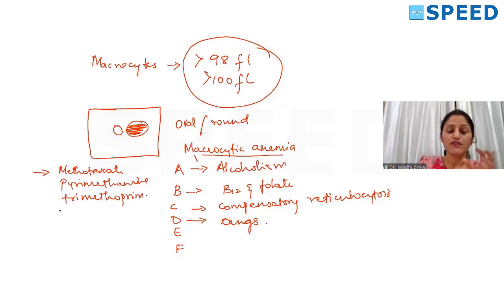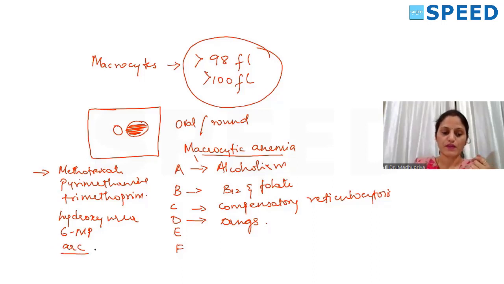Along with this, you have drugs which inhibit DNA synthesis, which includes hydroxyurea. Among the anti-cancer drugs, most of which will cause it, the most important I'm mentioning are the purine antagonist 6-mercaptopurine and the pyrimidine antagonist cytosine arabinoside. So these are the drugs which commonly cause macrocytic anemia.